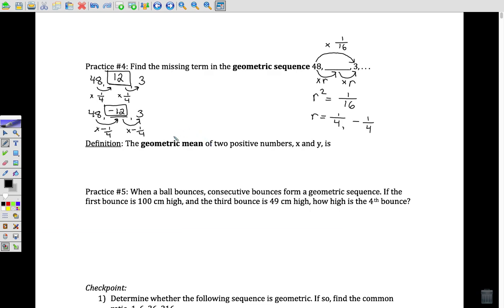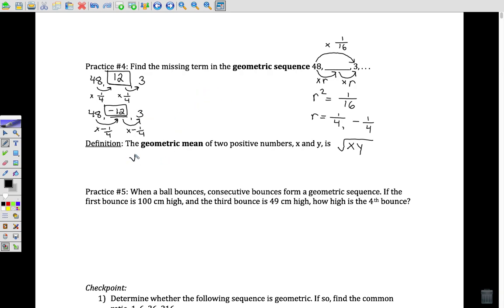So just like we had an arithmetic mean to quickly figure out what that missing number is, we also have a geometric mean. The geometric mean of two positive numbers, say x and y, can just be found by taking the square root of x times y. So in this past example, I could have done the square root of 48 times 3.